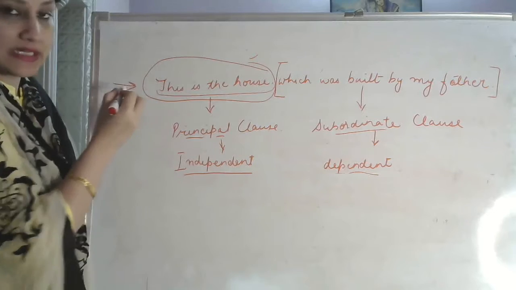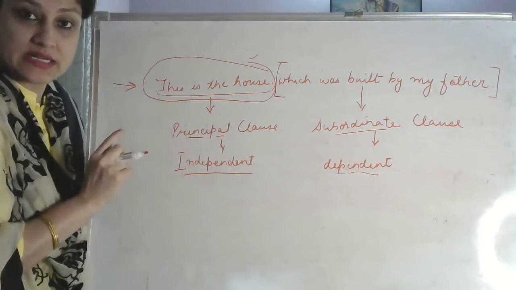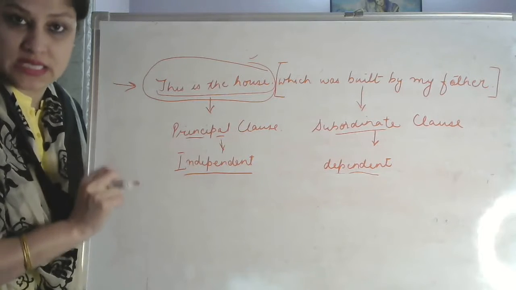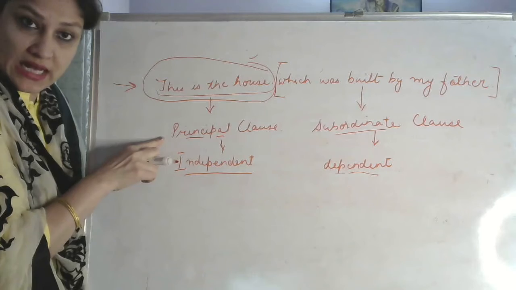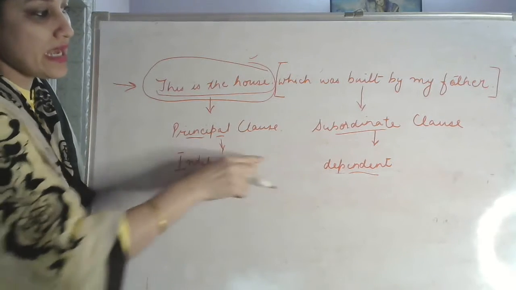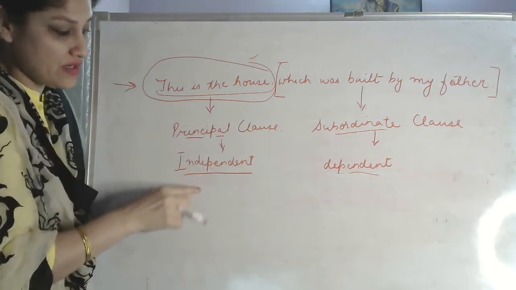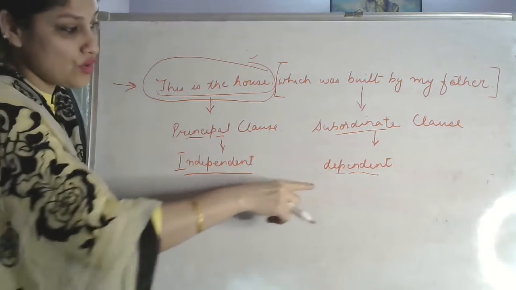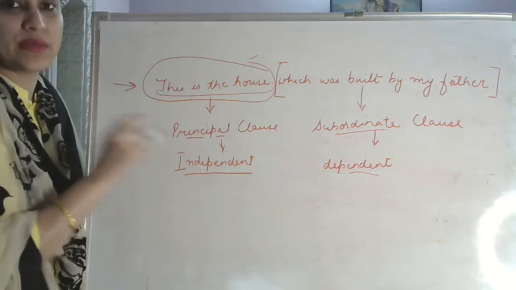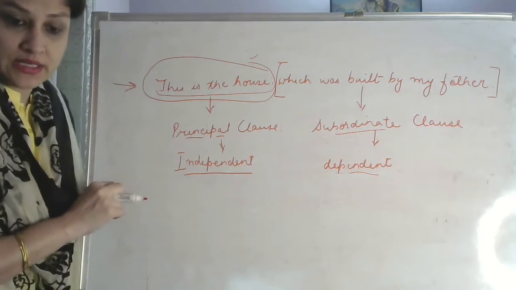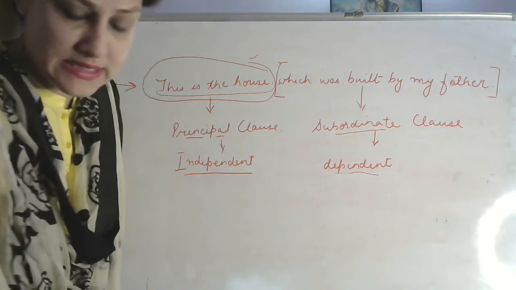Take the same sentence, and the same sentence is your complex sentence. And this sentence will always have a principal clause and a subordinate clause. If it is difficult, you can remember independent clause or dependent clause. This is how you will remember it. Fine?